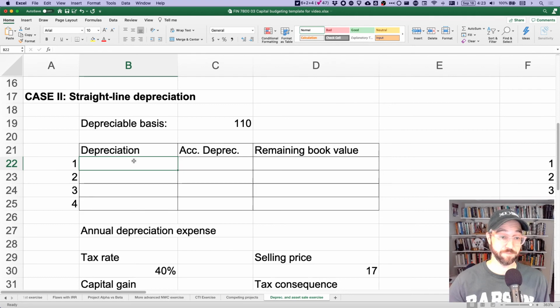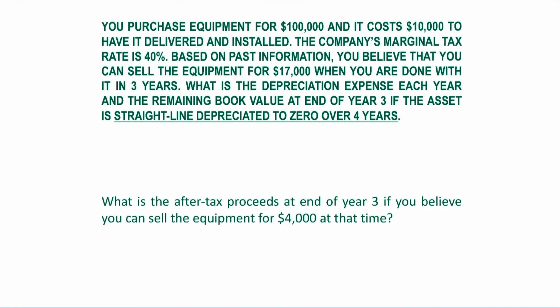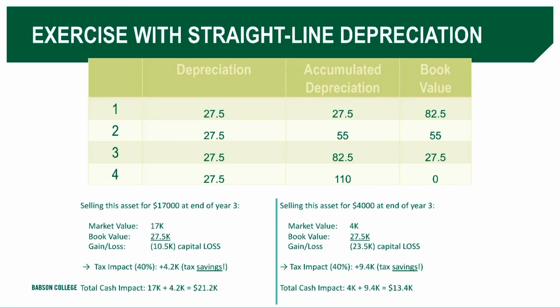You can calculate them yourself if you know that the thing is supposed to depreciate over 4 years straight line and figure out how much should be left. And you can see how I did that in a solution spreadsheet, which is posted. But the solution is reviewed here on the slide as well.